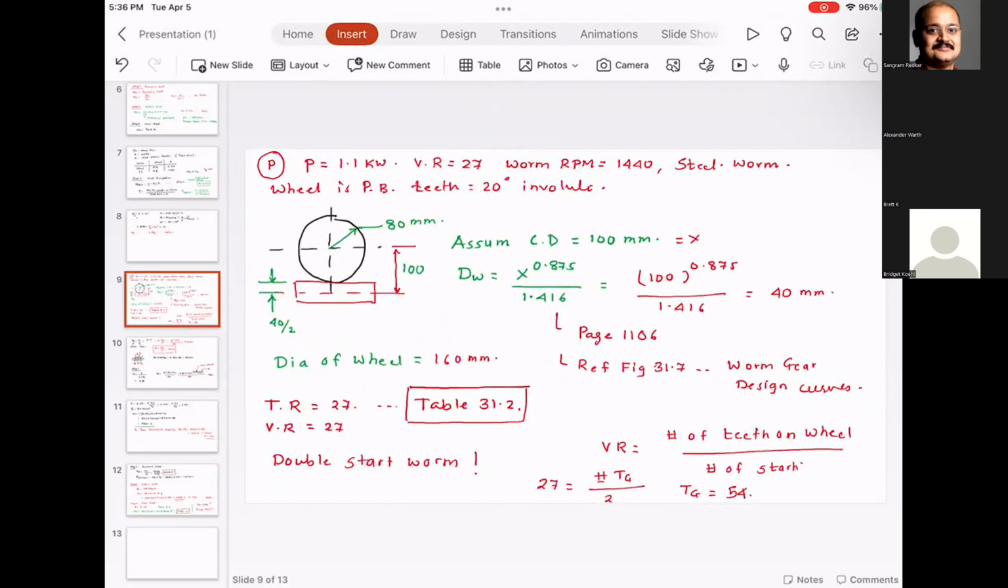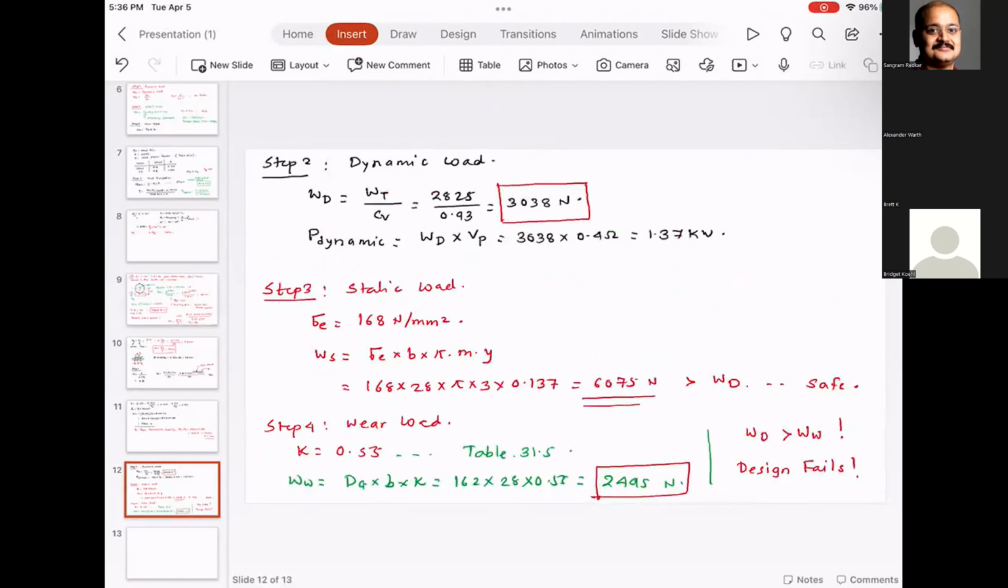So you can do a recalculation here to change the value of the dynamic load, and see if that gives you a slightly lesser dynamic load. Or alternatively, the easiest way is to increase the value of B.